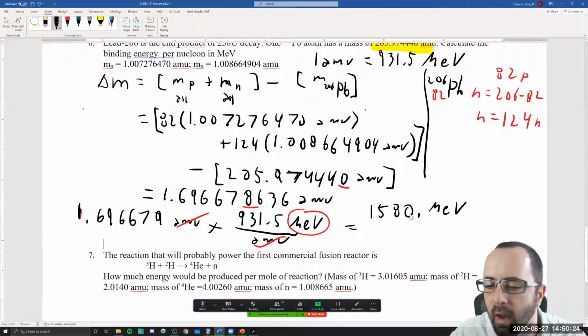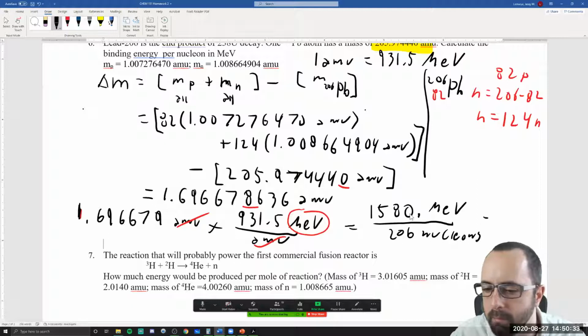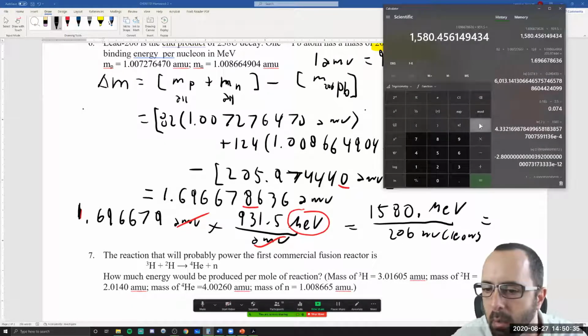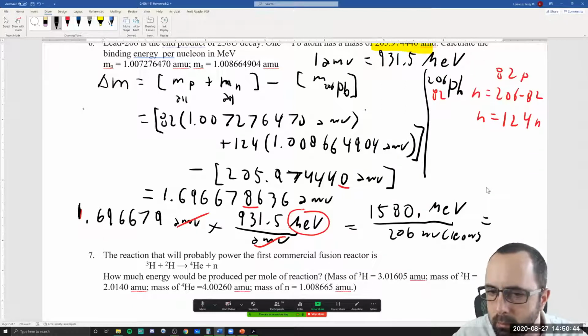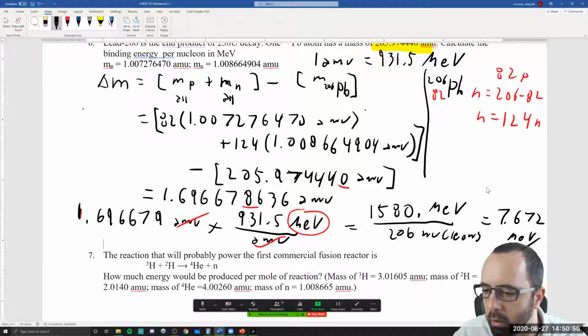And then we're going to divide that by the number of nucleons, which is 206 protons and neutrons. So divide by 206, and we get 7.672 mega electron volts per nucleon.